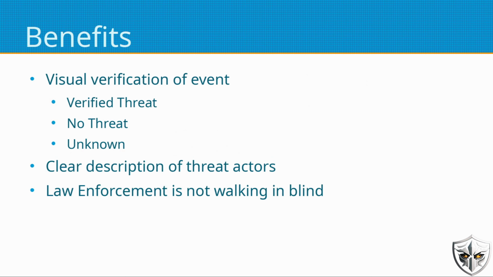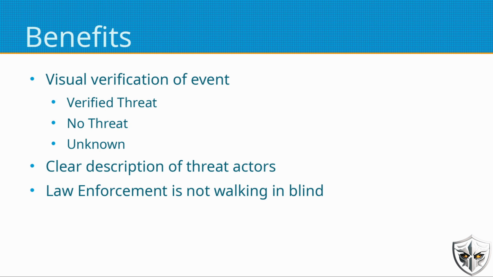So the benefits there are the visual verification of the event, right? So now we know either it's a verified threat, there's no threat, or it's unknown. When you don't have video verification, it's always unknown. When you do have video verification, unknown is rare, but it does happen. And it might be the case where we talked about a sensor falling off a door.